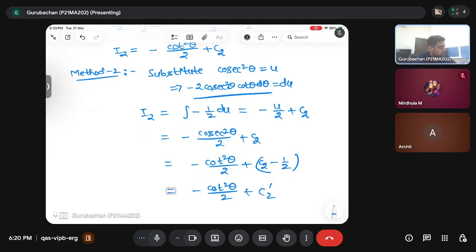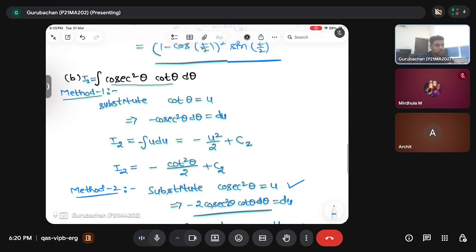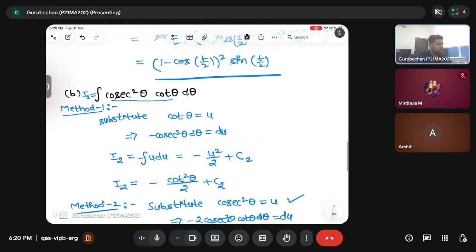See, this substitution is good for the time being, but whatever you see in the integrand, you just try to see what is the differentiation of that term that you are assuming. So the simplest substitution is either you substitute cosec theta or else you substitute cot theta.